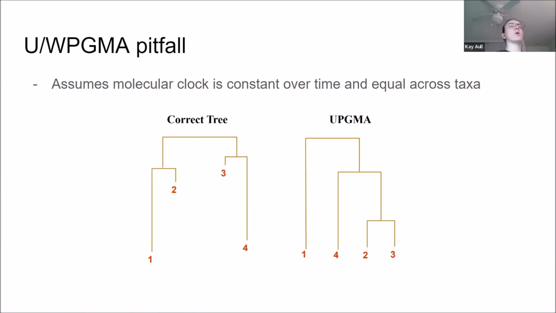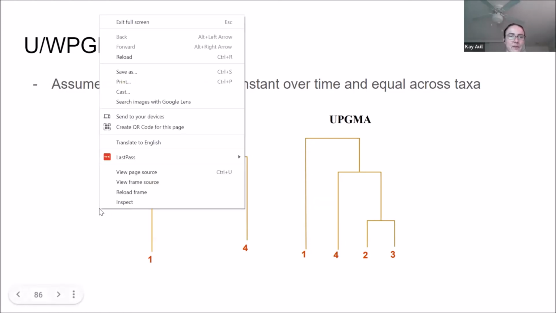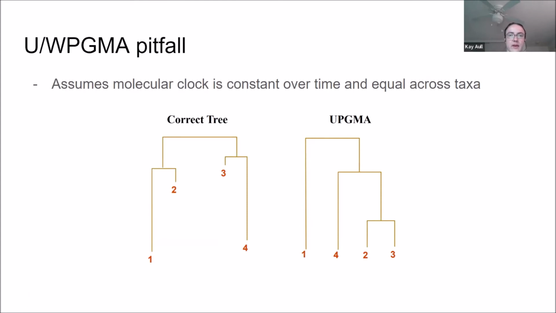So one thing to know about this method is that it assumes that the molecular clock is constant over time. So mutation rate is happening at a defined rate, it's not changing, and that is an assumption. It's very much an assumption, and it is often not true. So if you have stabilizing selection going on, see over here, that you're just not changing things very much.